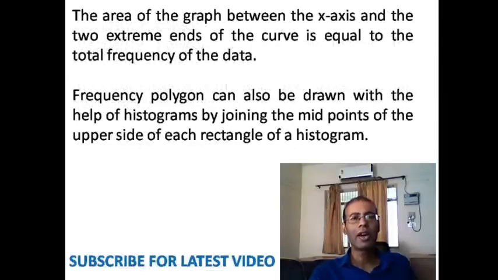The area of the graph between the x-axis and the two extreme ends of the curve is equal to the total frequency of the data. A frequency polygon can also be drawn with the help of histograms by joining the midpoints of the upper side of each rectangle of a histogram.